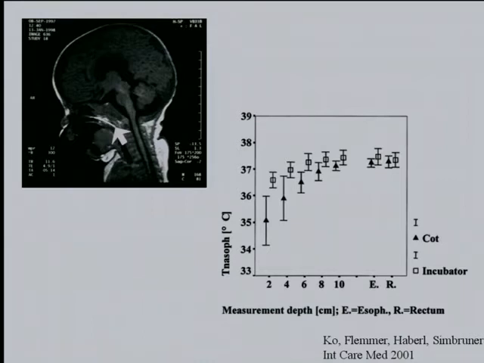Those babies lying in the cot, when you measure in these healthy babies not being cooled, the nasopharyngeal temperature is 35, 2 centimeters from the alae nasi. It's still only 36, 4 centimeters in the nose. And only when you measure it in the center of the brain, it comes very close to rectal or esophageal temperature.